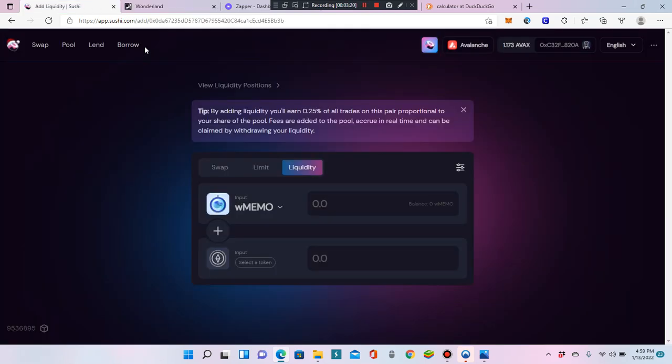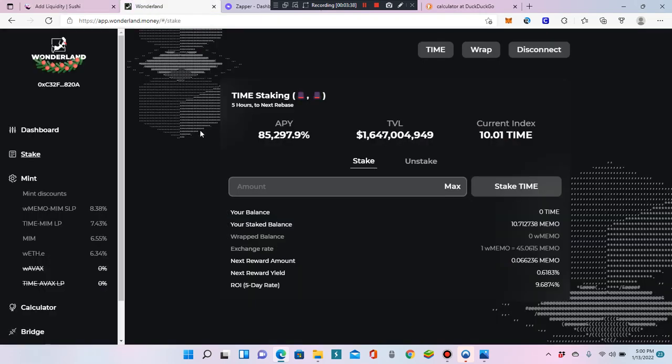Okay, so we just jumped over to Sushi Swap, which is something I didn't need to do just yet. But anyway, this is where we're going to do the wrap memo, and I'm on the liquidity. It's a preview. But we're going to go back over and unstake our time first, because we're going to have to switch that into memo.